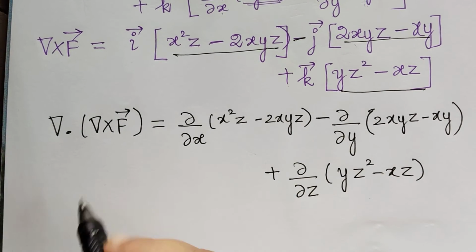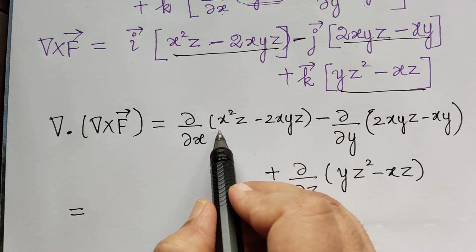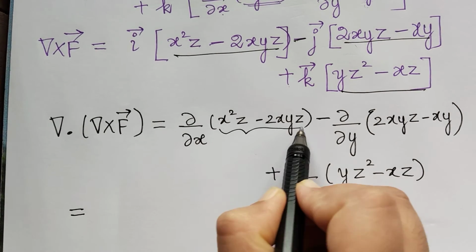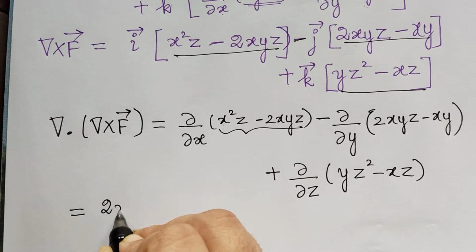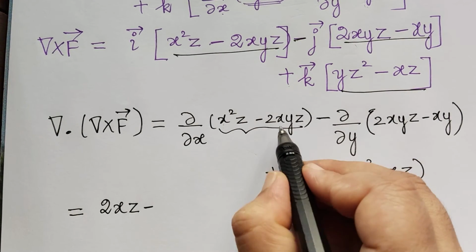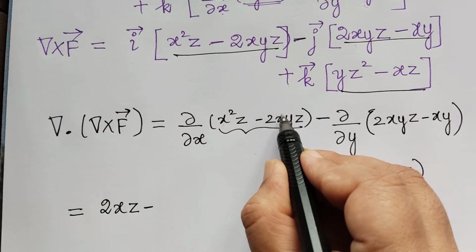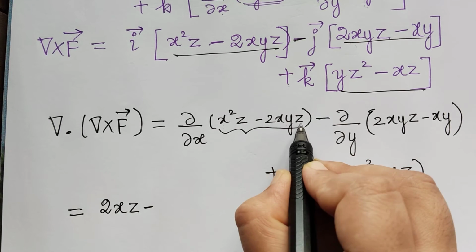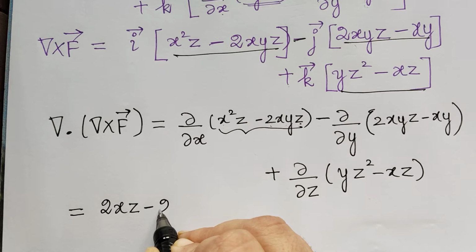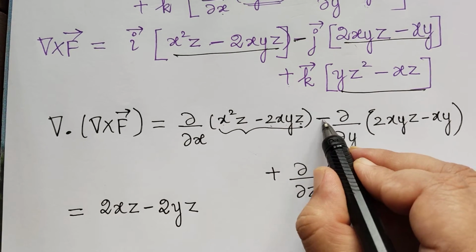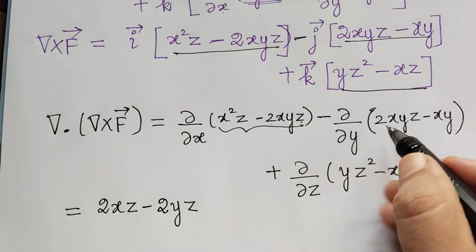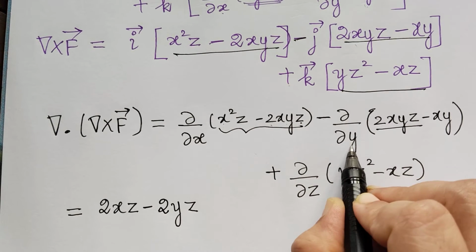And so this will be equal to, now what is the partial differentiation of this term with respect to x? Here we have x square, so it will be 2xz minus, here the differentiation of x is 1 and 2yz are constants, so 2yz. And here minus the partial differentiation of this with respect to y.